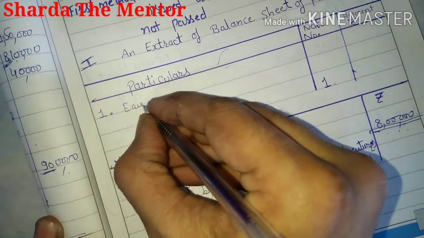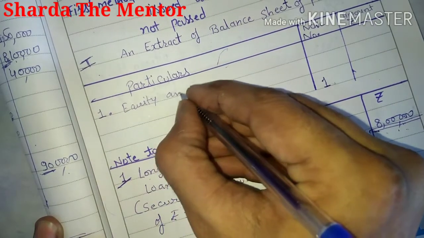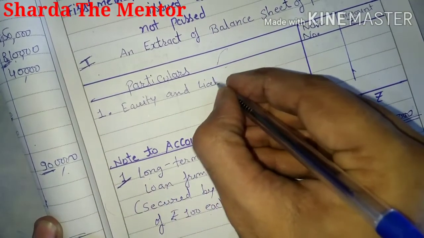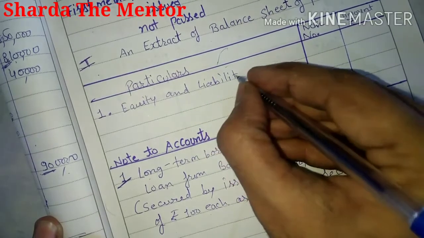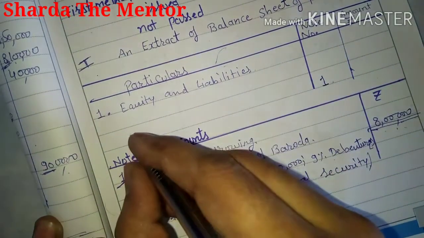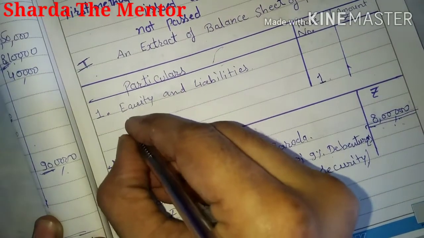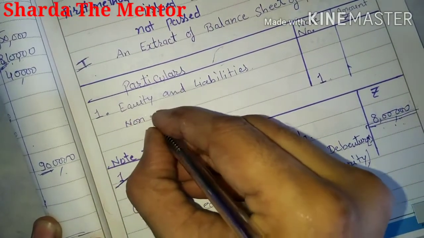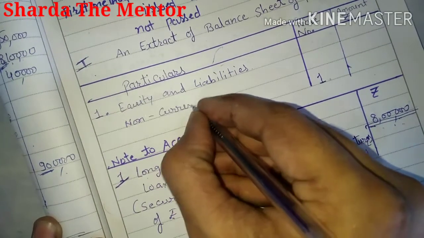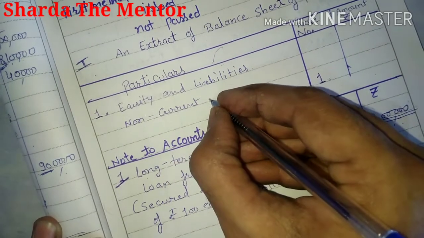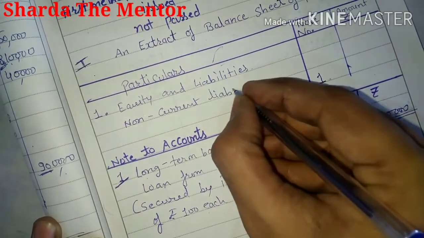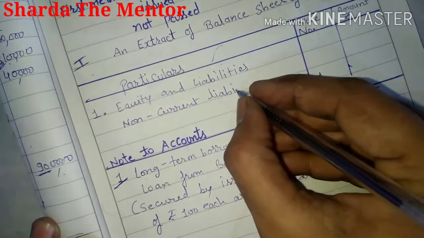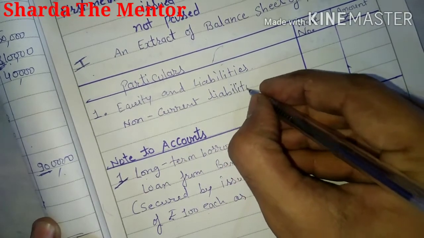equity and liabilities is the main heading you have to mention. Then after, because in the question nothing is mentioned related to shares, we already know that long term loan is included in the non-current liabilities.